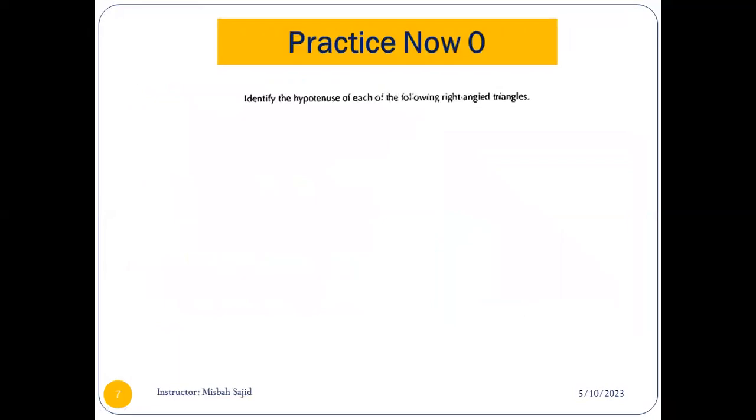Here is practice now 0 from this section: identify the hypotenuse of each of the following right angle triangles. Here is triangle ABC, and I have told you in the previous slide that the side opposite to angle C is the longest side, and it is called the hypotenuse. So here the hypotenuse is side AB, or you can write it as small c.